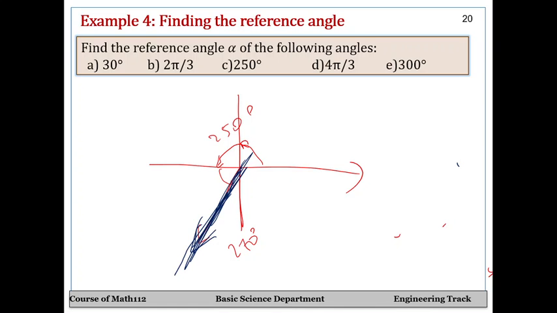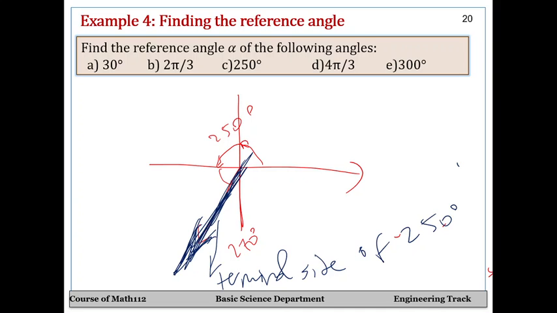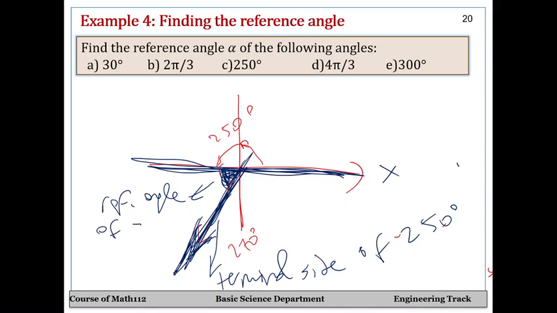This is the terminal side of 250, and the x-axis is this one here. But we are interested in the small angle here. This is the acute angle. So this is the reference angle of 250, which is 250 minus 180 degrees, which is 70 degrees.